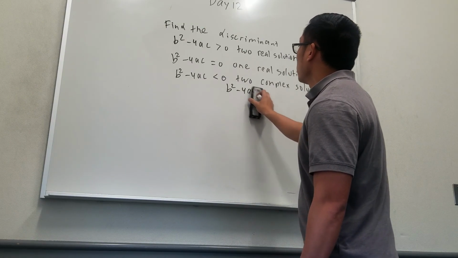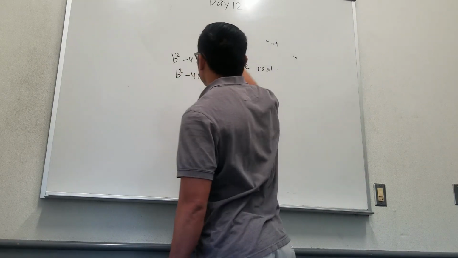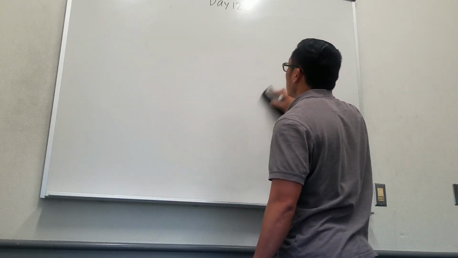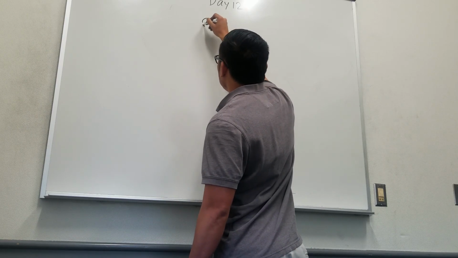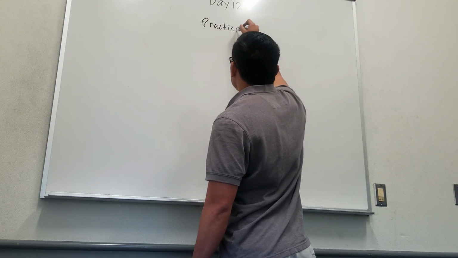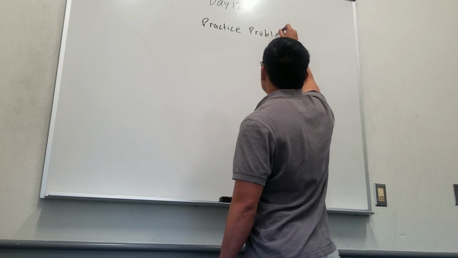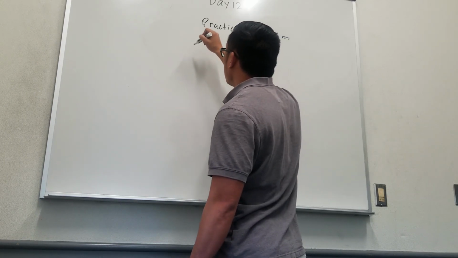All right. So now we're gonna do some practice problems. I did a lot of them already, so I'm not gonna do too much practice. So hopefully you get this. So let's do one.